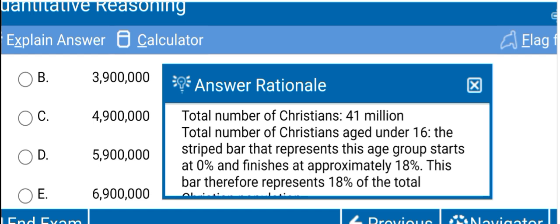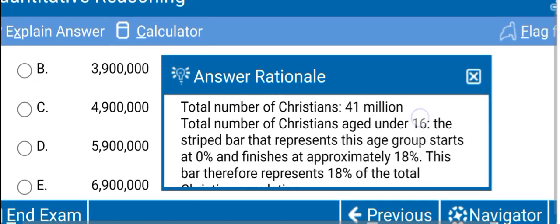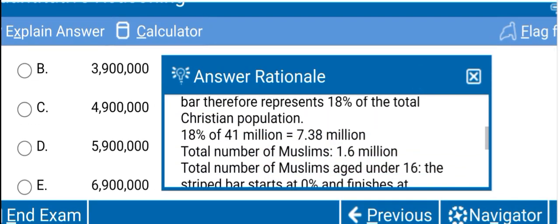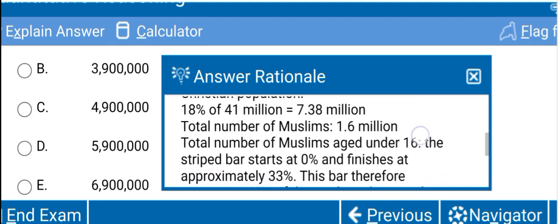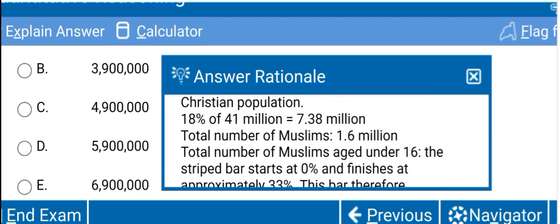This bar therefore represents 18% of the total Christian population. So 18% of 41 million equals 7.38 million.